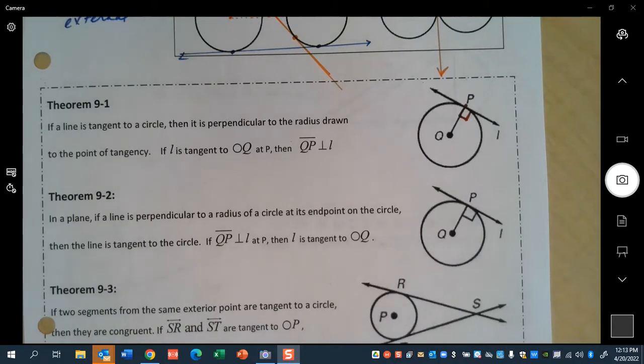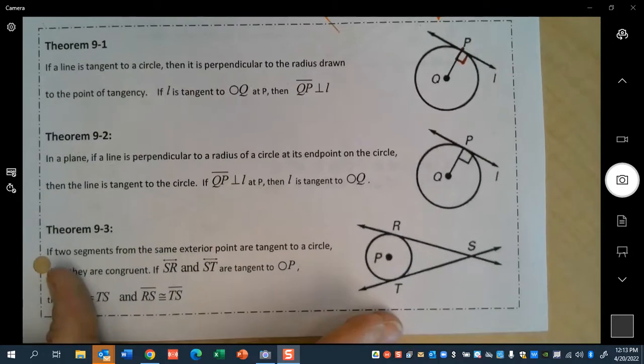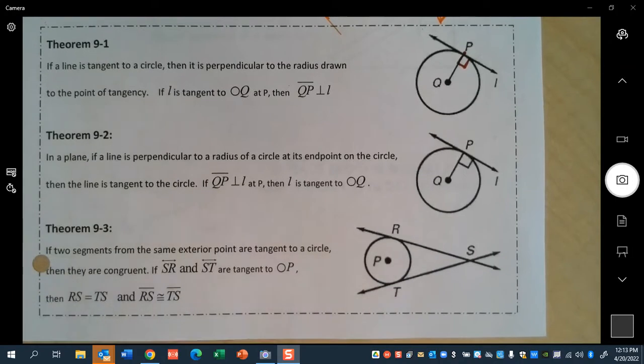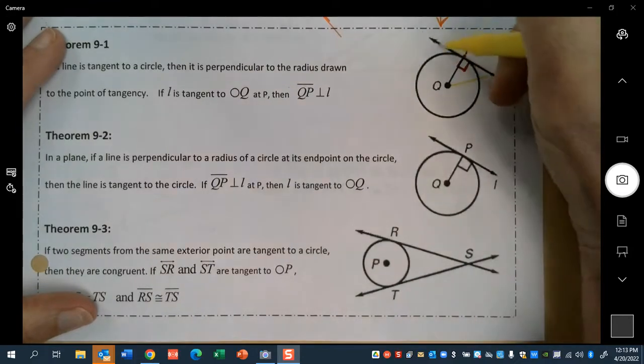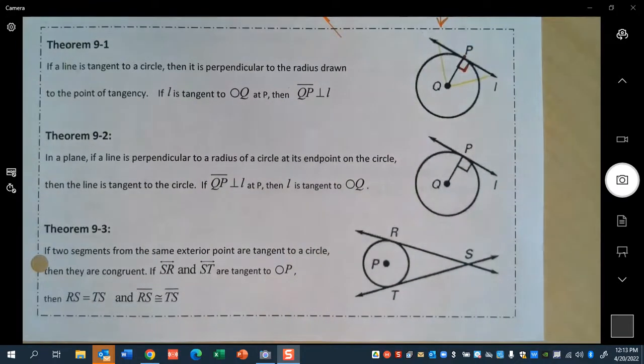And right away, my brain goes to, how do I prove that? Because in my mind, if I were to draw an isosceles triangle, then I could prove that that radius is the altitude. So through congruent triangles and CPCTC, I can prove that theorem.